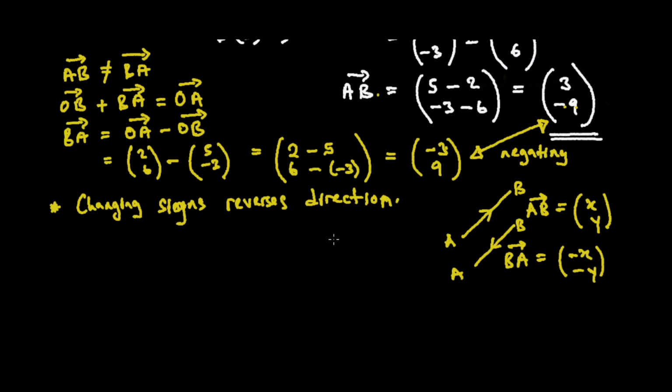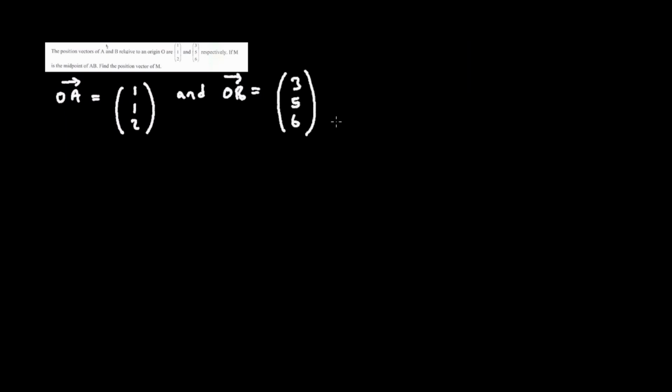So stay tuned. The position vectors of A and B relative to an origin O are (1, 1, 2) and (3, 5, 6) respectively. Saka taudzwa kuti the position vectors of A and B relative to the origin kureva kuti OA ndiyo inenge irichi (1, 1, 2) and OB ndiyo inenge irichi (3, 5, 6) like that.